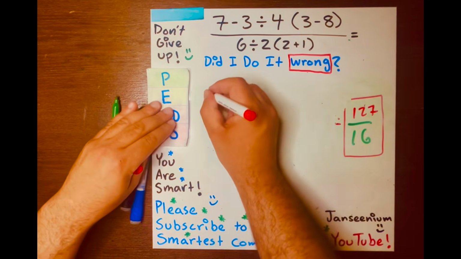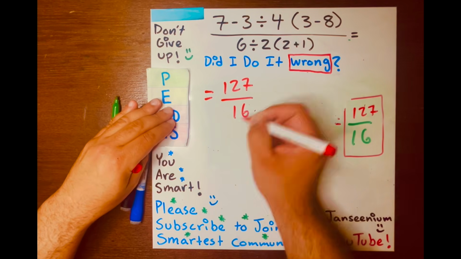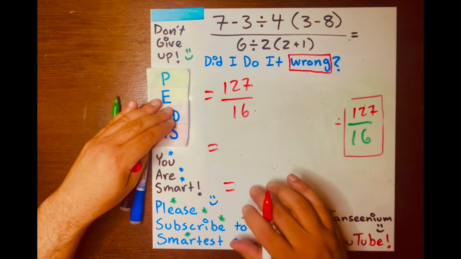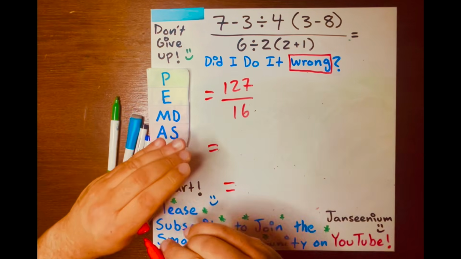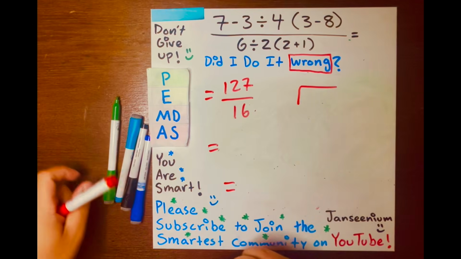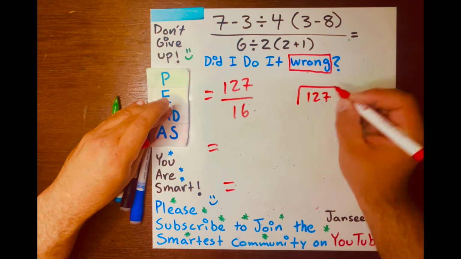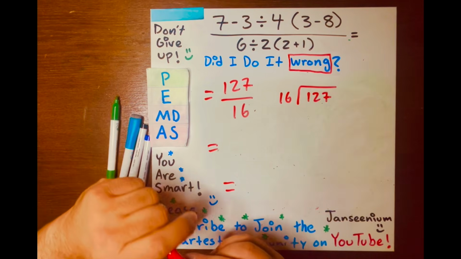So I'll write the 127 over 16. Then I'll write the mixed number answer there, and the decimal answer there using long division. So here's the long division symbol, and I'll write the dividend, which is 127, and the 16 goes outside the long division symbol. That is the divisor.